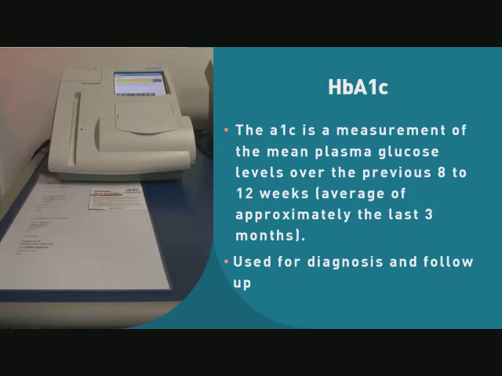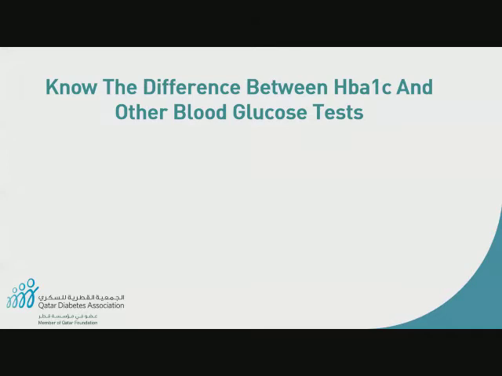For some people, they might just mix up between the HbA1c and the normal or regular home tests. So I'll just give you some advice on how to differentiate between the HbA1c test and any other blood glucose tests. First of all, the HbA1c usually is done in hospital or health center.